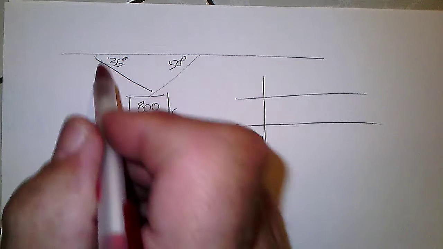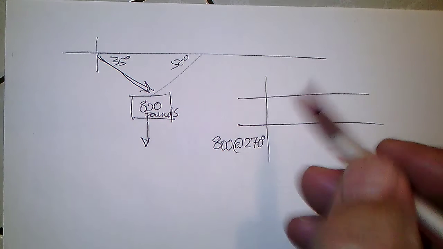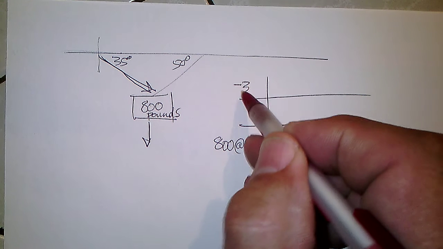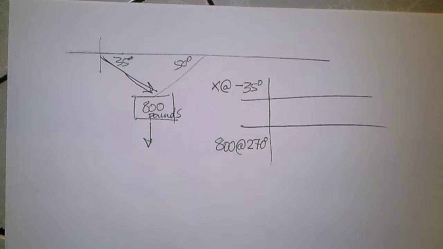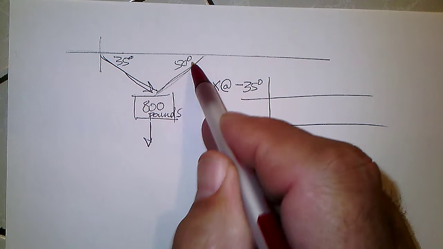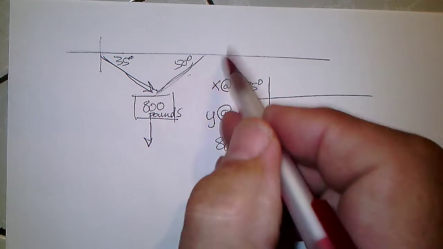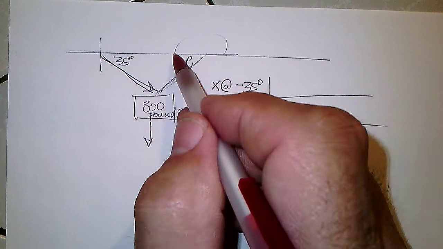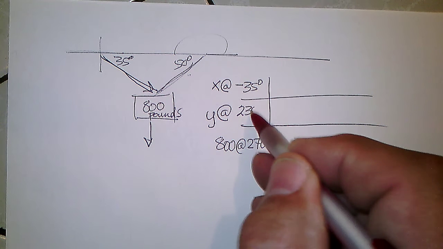It's causing a force in this rope that's at a trig angle of negative 35 degrees, and we don't know how much. It's causing a force in this one. We don't know how much, and that one's at, well, if that's 0, that's 180 plus 50 is 230.